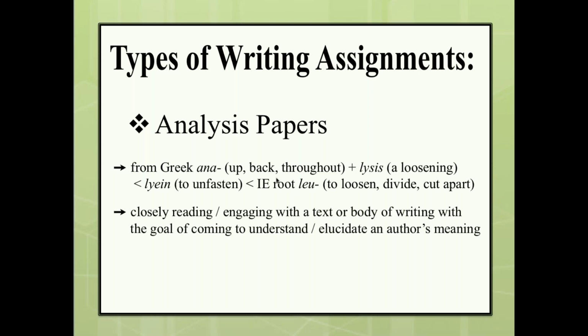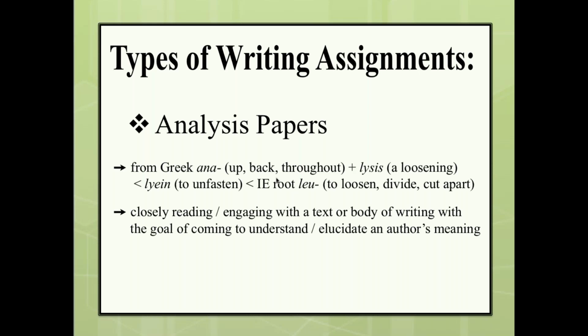Okay. Now, an analysis paper will generally require a kind of close reading or engaging with a text or body of writing with the goal of coming to understand or elucidate an author's meaning. So it's really deeply engaging the text, and it'll often involve referring back to things that the author said in earlier parts of a book, for example.